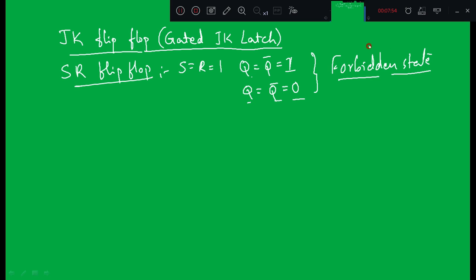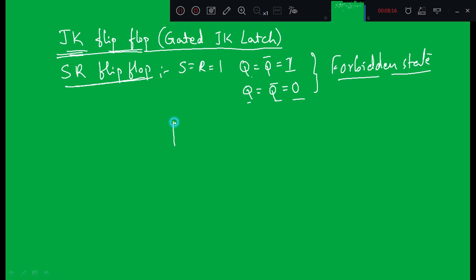So to overcome this forbidden state, we are going to take the help of the JK flip flop, right? In the SR flip flop, as well as in the SR latch, we had this forbidden state. To avoid it, we will go with the JK flip flop, right?